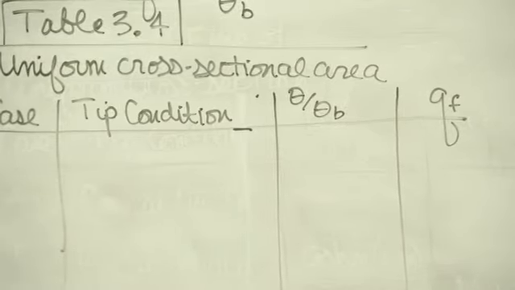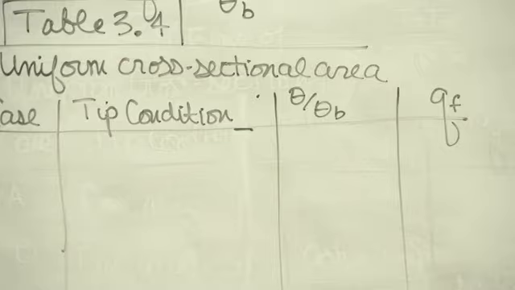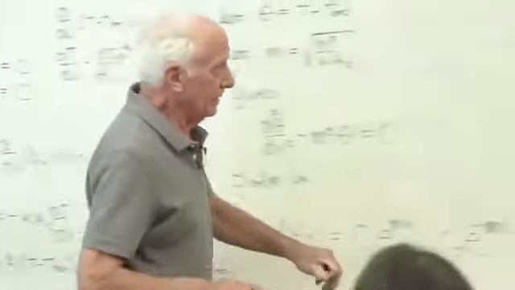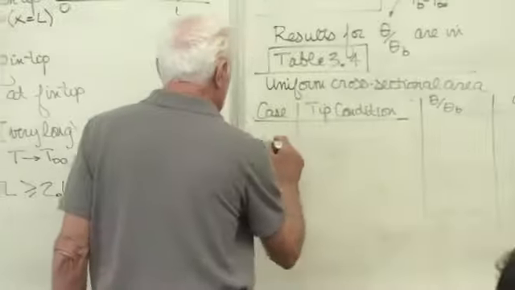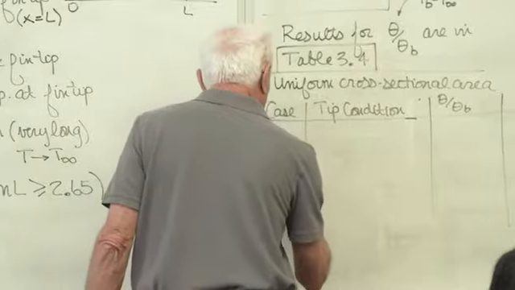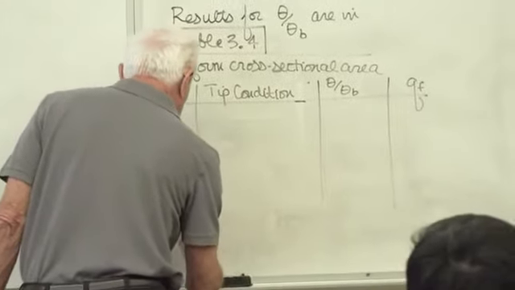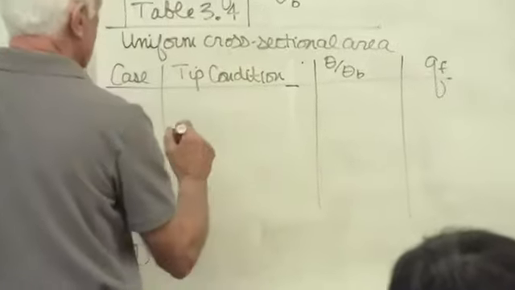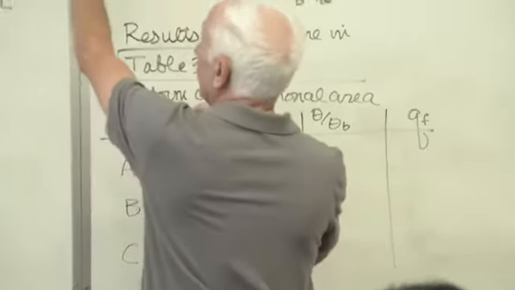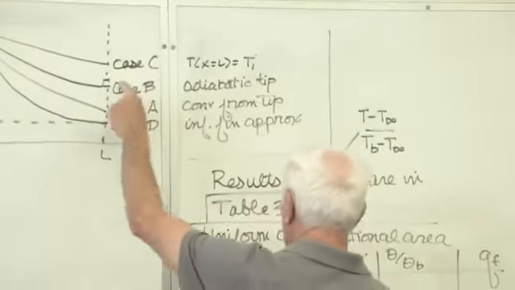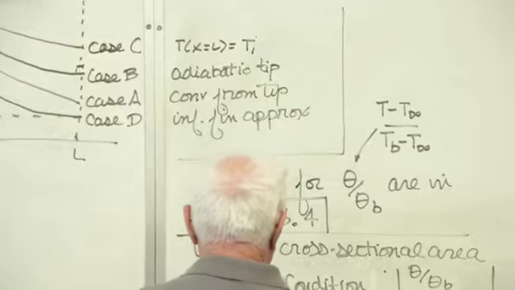Okay, so we take that. I'll write here, let's put cases A, B, C, D here first. Tip condition right here. Case A, convection from tip.